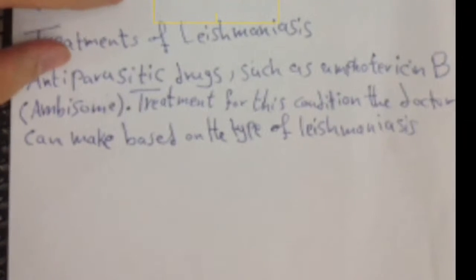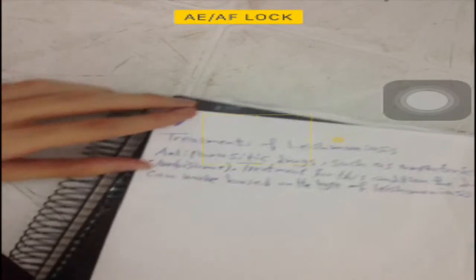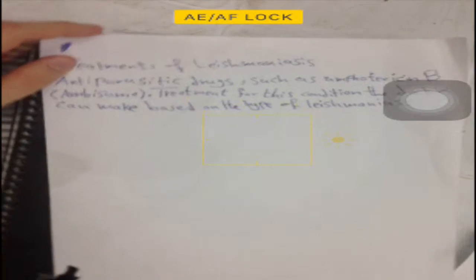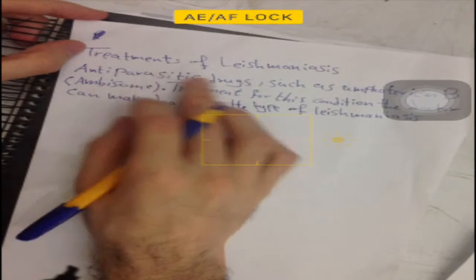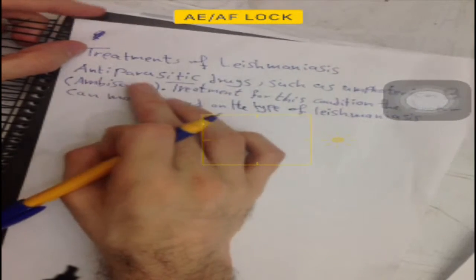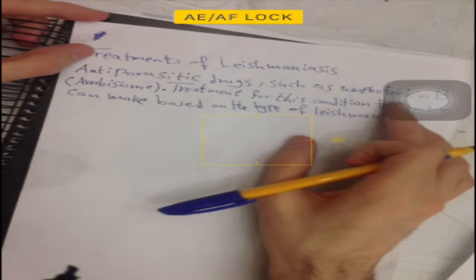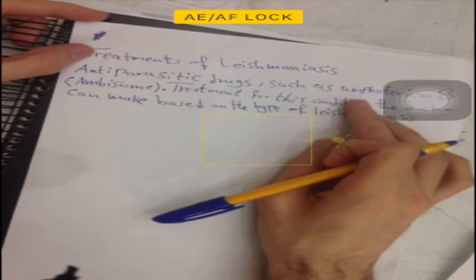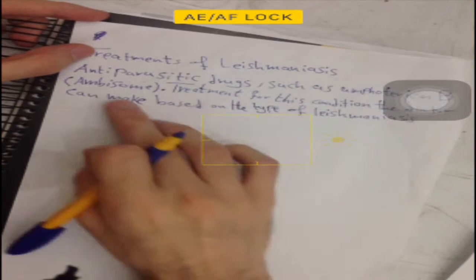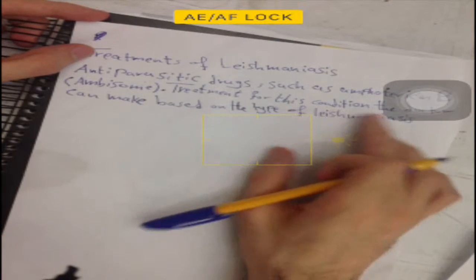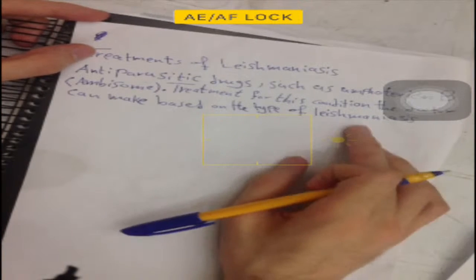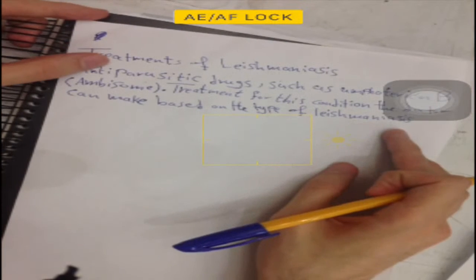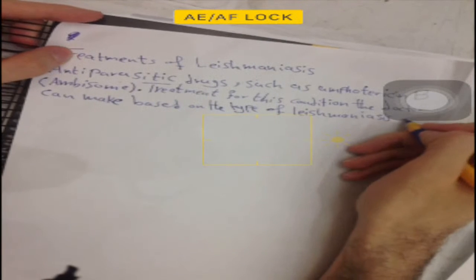So this is, as we saw here, a page that we have written. The treatment of leishmaniasis: antiparasitic drugs such as amphotericin B, Bizome. Treatment of this condition, the doctor can make based on the type of leishmaniasis the patient has.